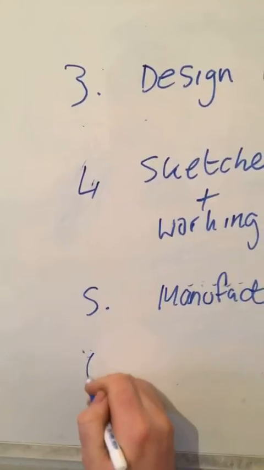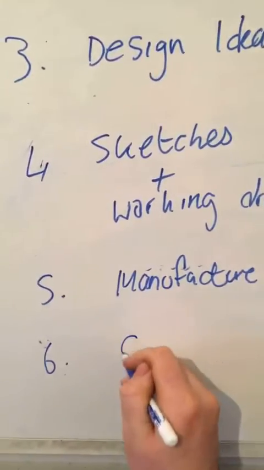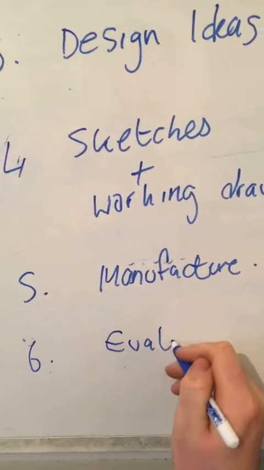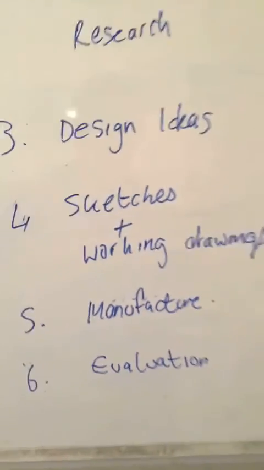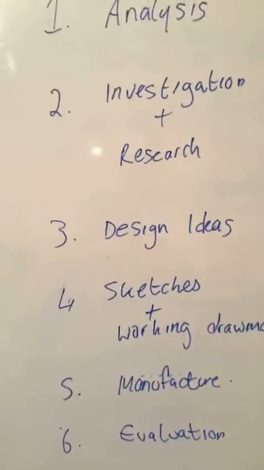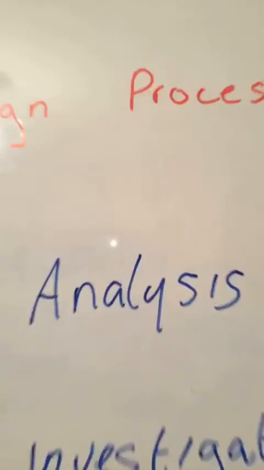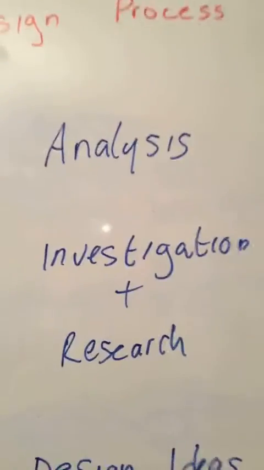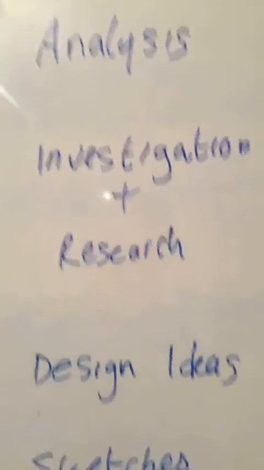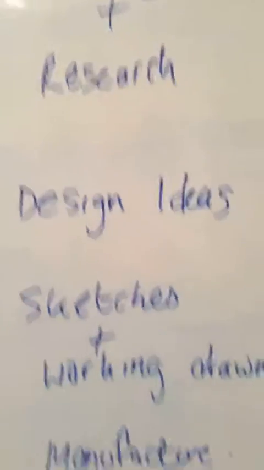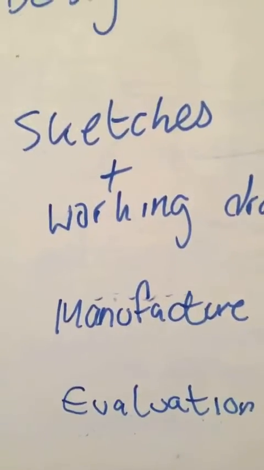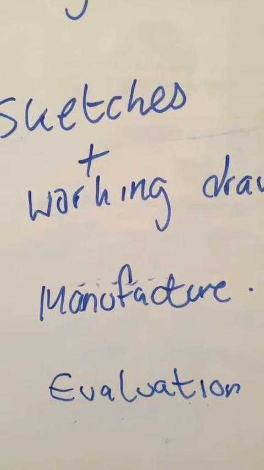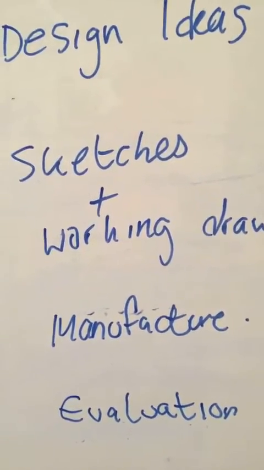And finally, the 6th aspect is evaluation. So the 6 aspects are analysis, investigation and research, design ideas, sketching and working drawings, the manufacturing, and finally evaluation of the whole project itself.